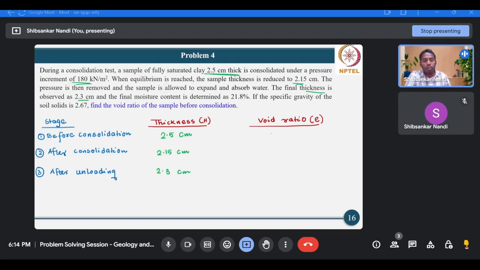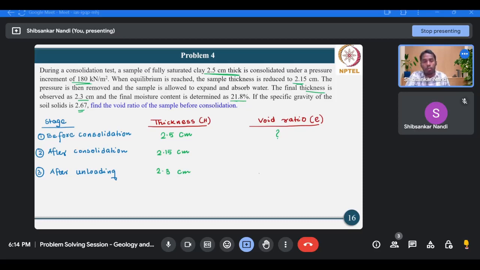Now, what about the void ratio values? The void ratio before consolidation is what we have to calculate; that is the main objective of this problem. However, if we read the final two sentences of the statement, the final moisture content is 21.8% and the specific gravity of soil solids is 2.67. So we can calculate the void ratio corresponding to the after unloading phase.